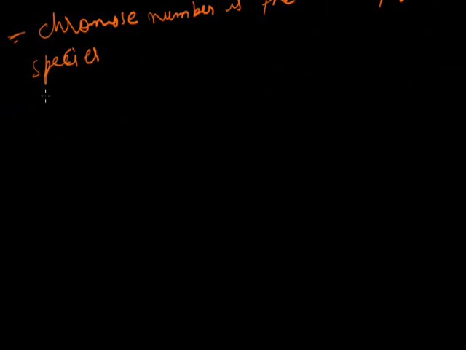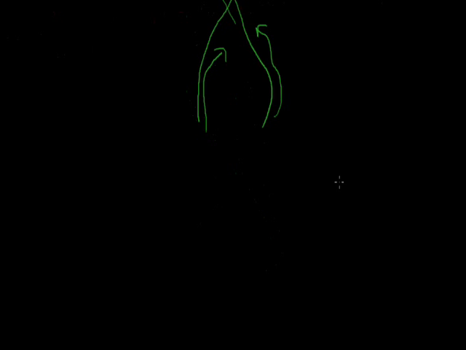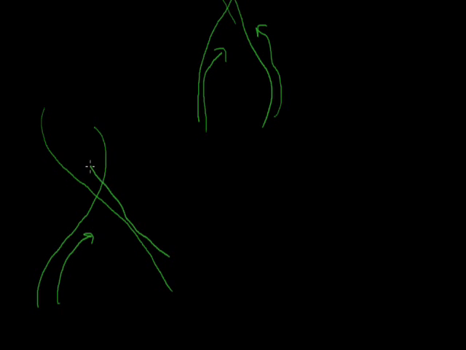And then if I discuss the importance of the chromosome, suppose that I am drawing the chromosomes. This is the chromosome. Every thread of the chromosome, this one and this one, is basically a thread of DNA.